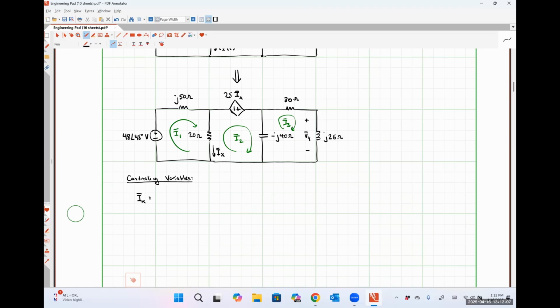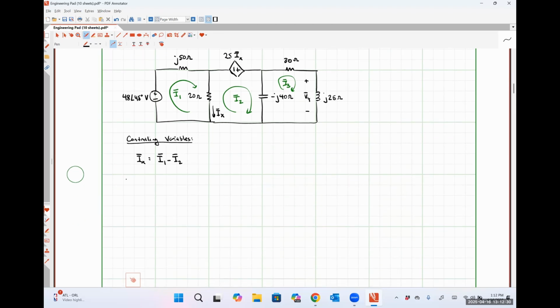I1 minus I2, right? So it's the mesh current in the same direction minus the mesh current in the opposite direction. So I1 minus I2. I don't have any current sources, so I won't have any current source relationships, and I also won't have any supermeshes, so I can just go straight into my KVL from here.